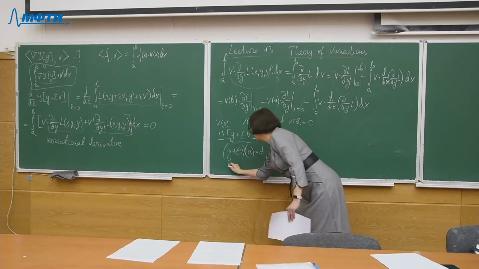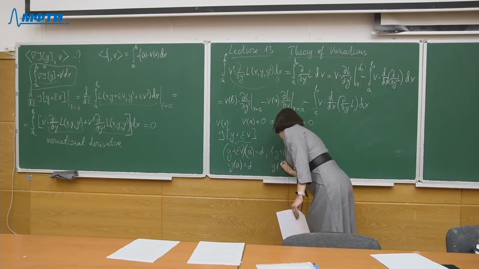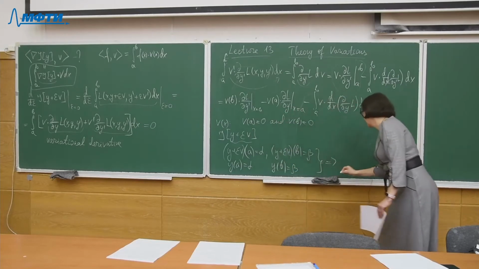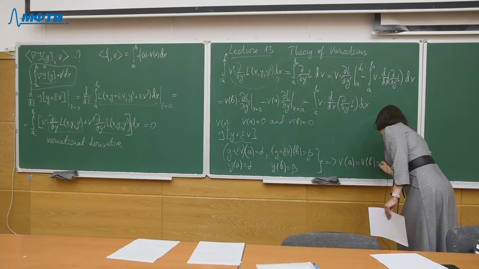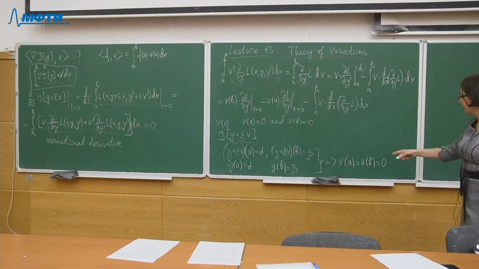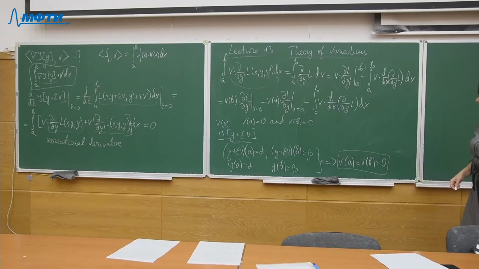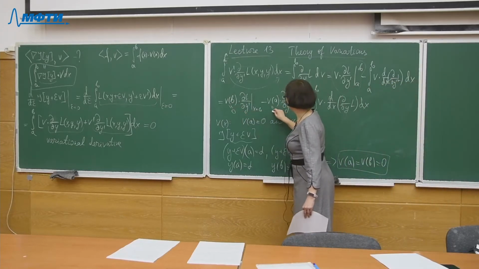Since y of a is also alpha and y of b is beta, it follows that v of a equals v of b equals 0. So our variation must satisfy this condition, v of a equals v of b equals 0.